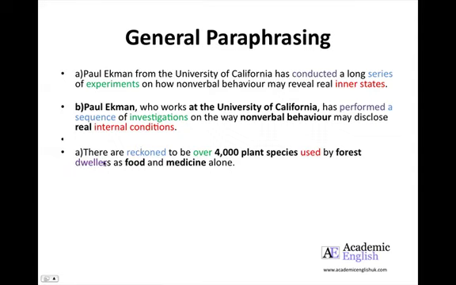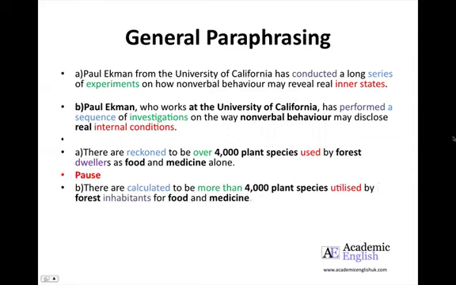Can you find some synonyms for these colored words and rewrite the sentence? Okay. The answers. There are calculated to be more than 4,000 plant species utilized by forest inhabitants for food and medicine.